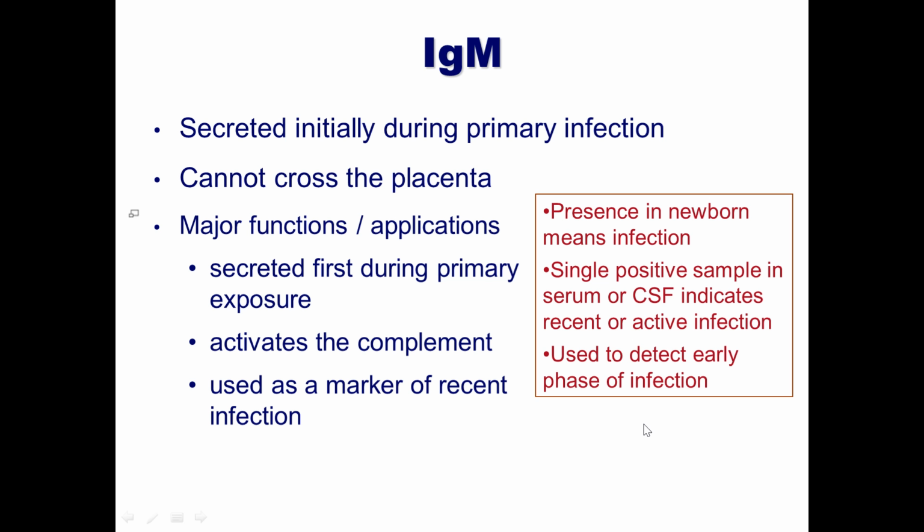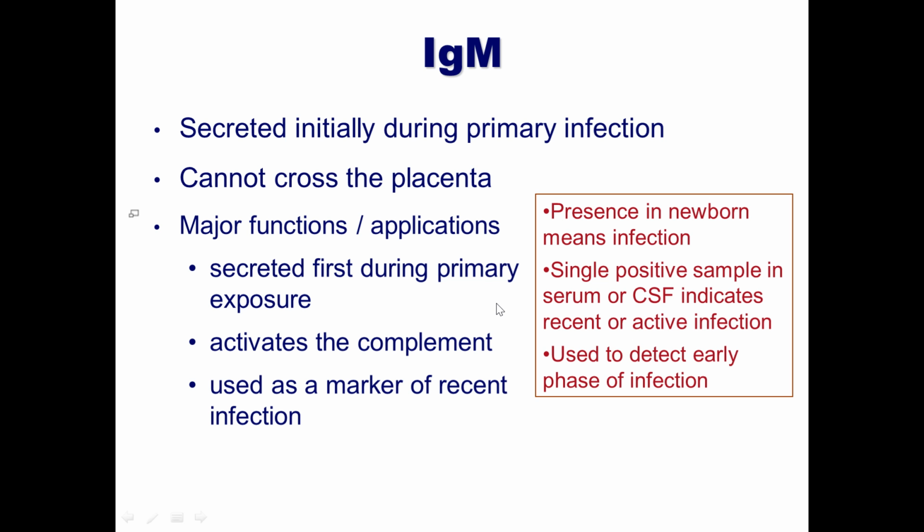That's why IgM is the initial antibody secreted from the body in the primary infection. A question will be asked: which antibody is produced during primary infection? IgM, IgG, IgD, IgE. The right answer is IgM.